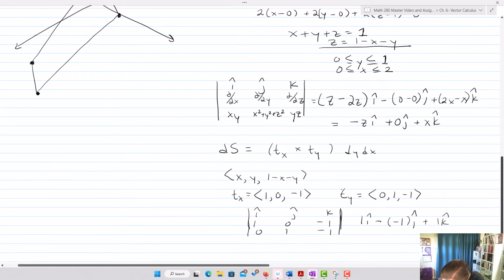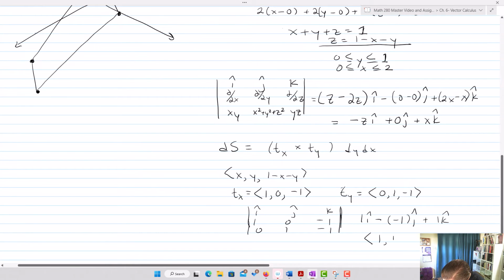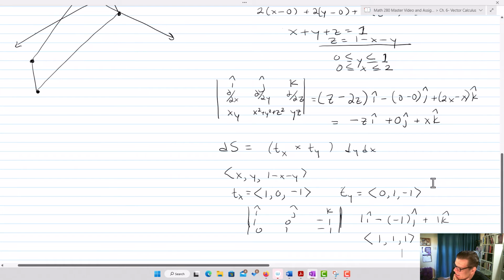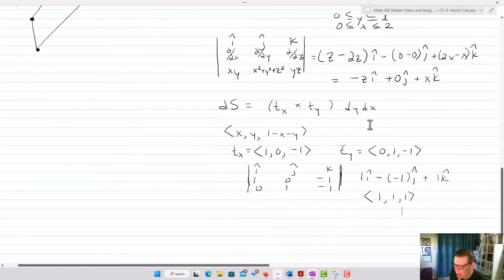All right, and so that's actually equal to 1, 1, 1. So we've got negative z, 0, x, right, is our curl. 1, 1, 1 is dS, so that should be pretty easy to work with. We just need to now plug in our parametrization into here.